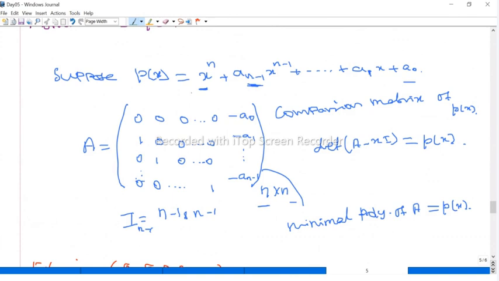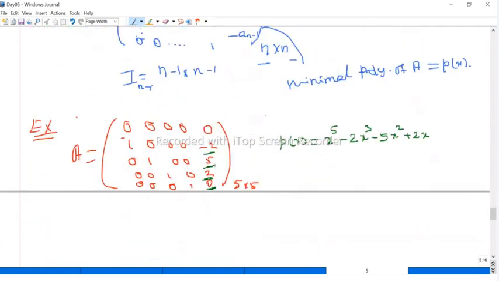If it is minus in the column, then the polynomial term should be plus. Suppose the term in the polynomial is plus, we have to put minus in the matrix. So the matrix has minus 2, therefore the polynomial contains plus 2.